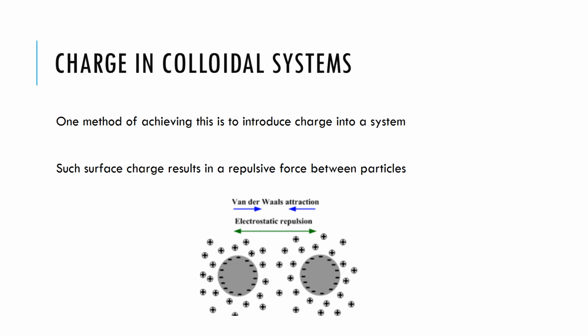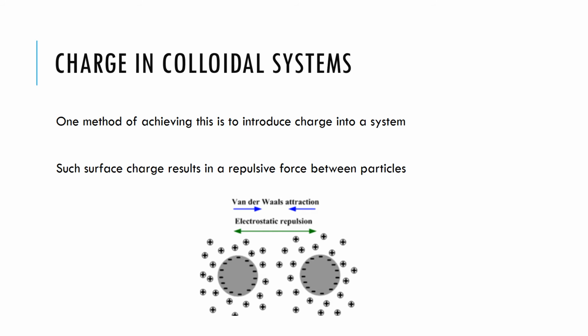So have a look at the schematic I show you at the bottom there, which is two negatively charged particles in solution, and surrounding them is an ionic atmosphere of positive charge. It could be sodium ions, it could be potassium ions.